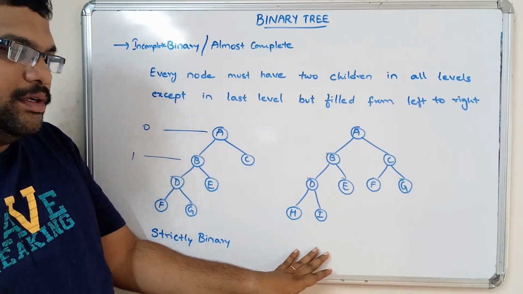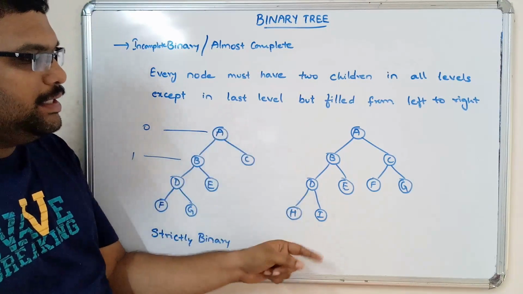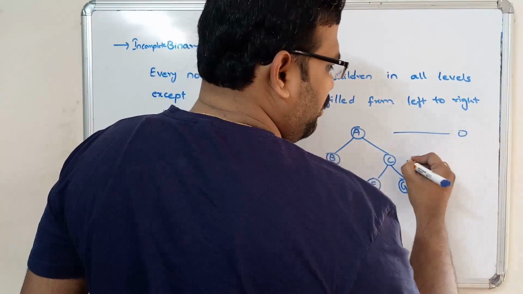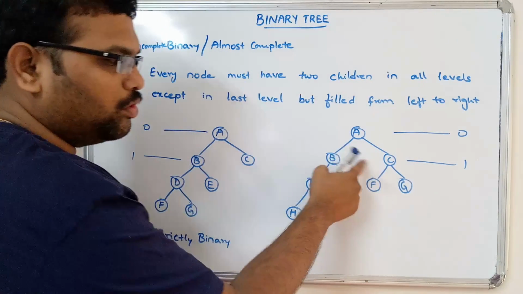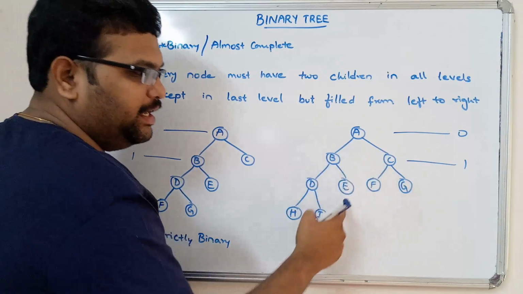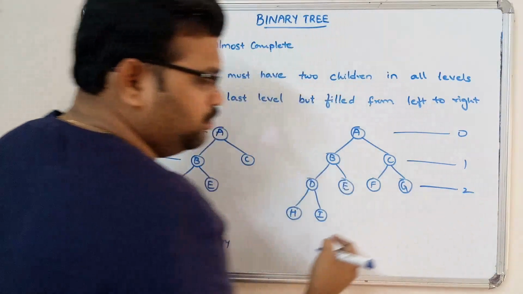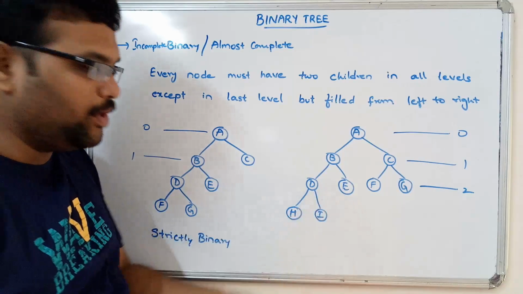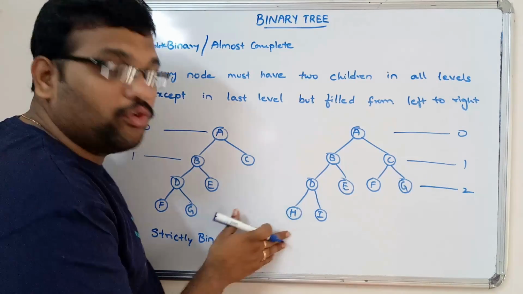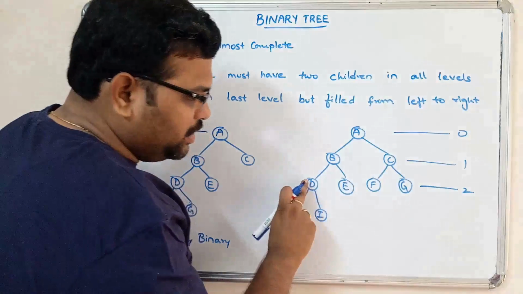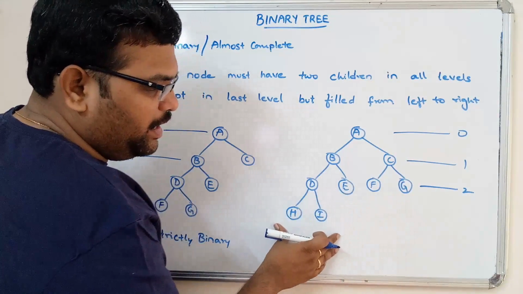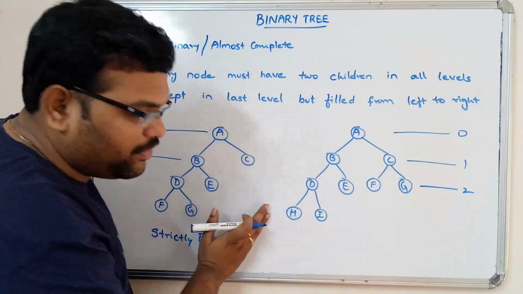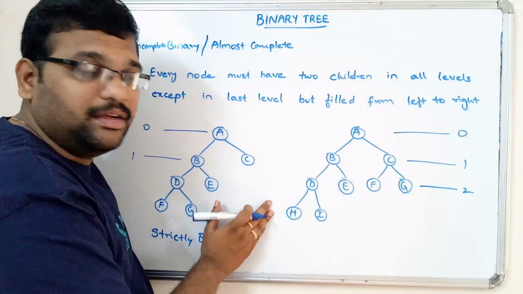And see, this is called an incomplete binary tree, because in level 1 there are two nodes, B and C, and both have two children. In level 2, which is the last level, the nodes should be filled from left to right, so at least the left must be satisfied.